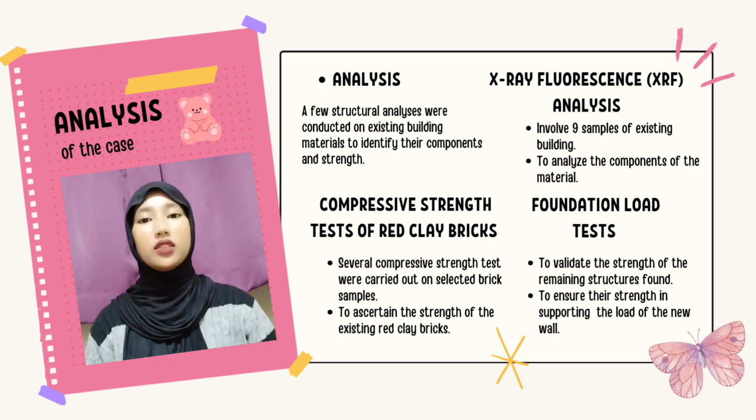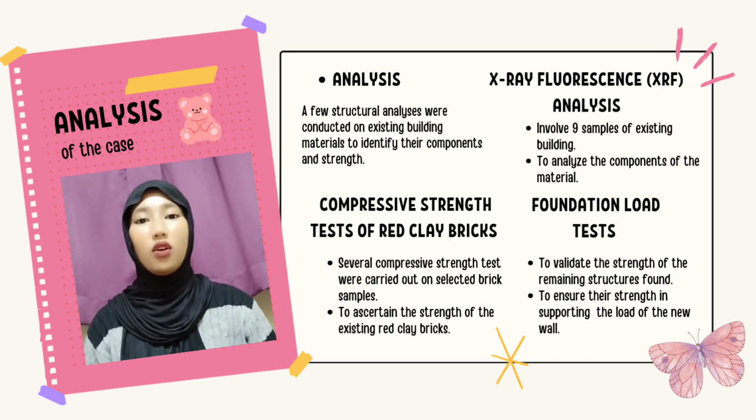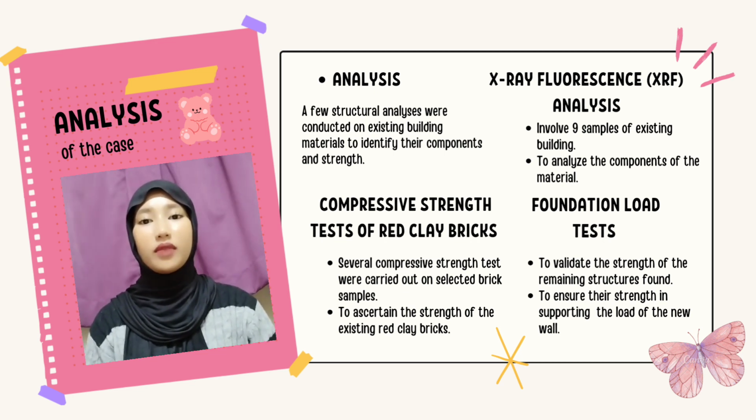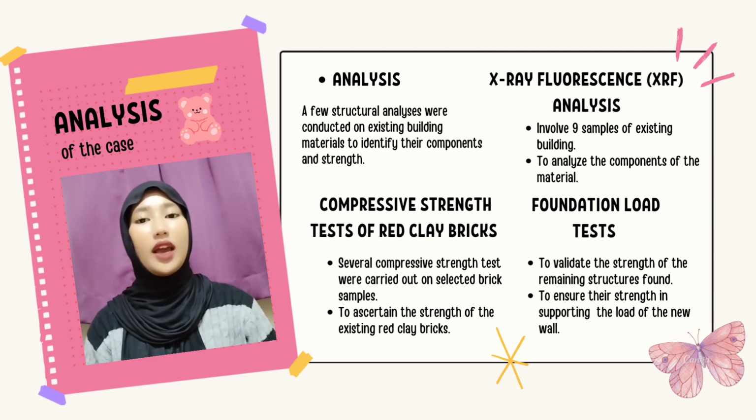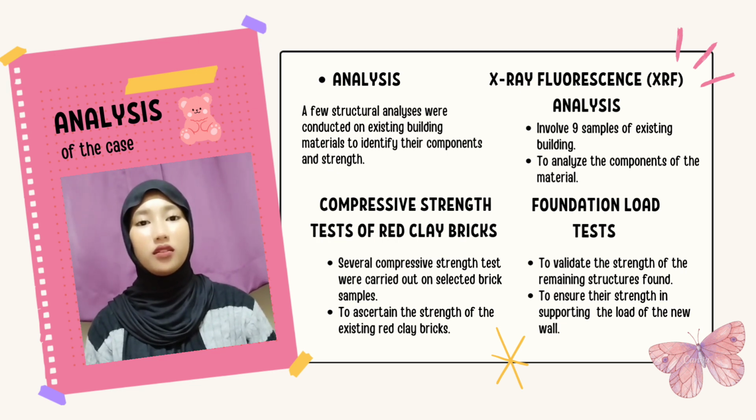Analysis number 1 is X-ray fluorescence, or XRF. The X-ray fluorescence analysis involved a total of 9 samples of the existing building material, namely mortar joint, cement top, and wall plaster. The purpose of this XRF analysis was to analyze the component of this material.